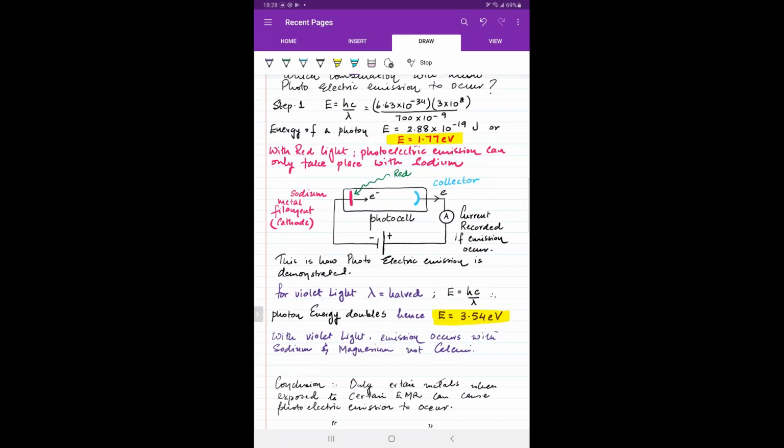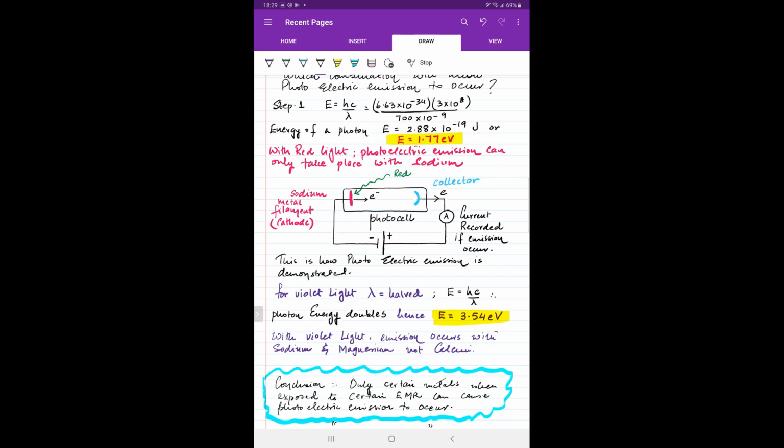मैंने कंक्लूजन लिखा हुआ है. This is how I guess you should be remembering it. तो अगर आप कंक्लूजन तक रीड कर लो ना, तो फिर मैं यहाँ पे कंप्लीट कर दूंगा. आई गेस ऐसे लर्न करना सेंसिबल है कि only certain metals when exposed to certain electromagnetic radiations can cause photoelectric emission to occur.